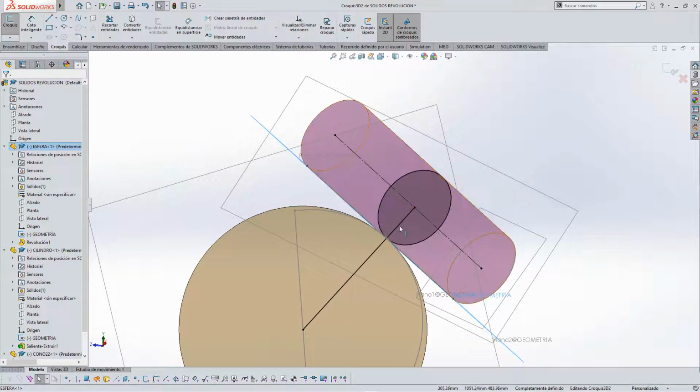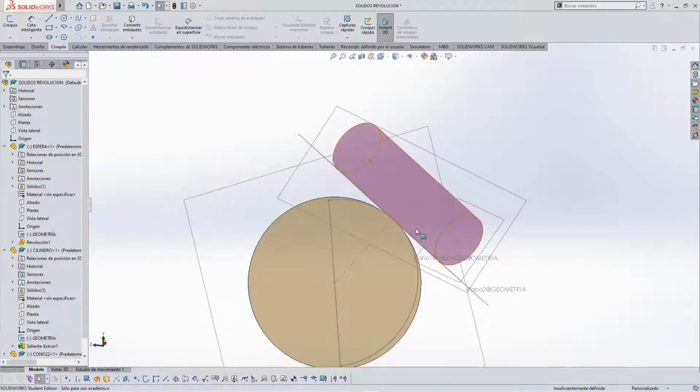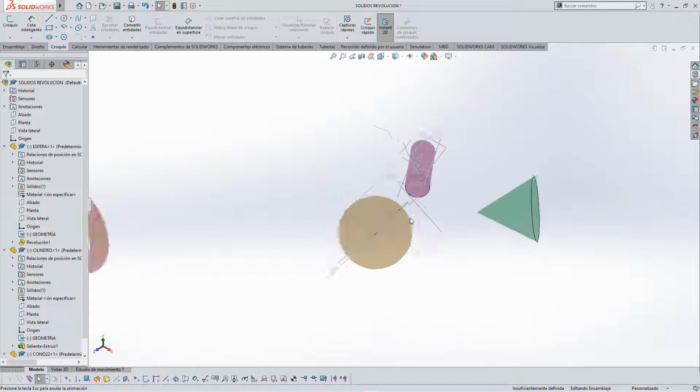If now we rotate the view and we observe the relation between the radius in black and the tangent planes, we can see that these tangent planes are perpendicular to both radius. Well, so these are more or less the important relations in this case.